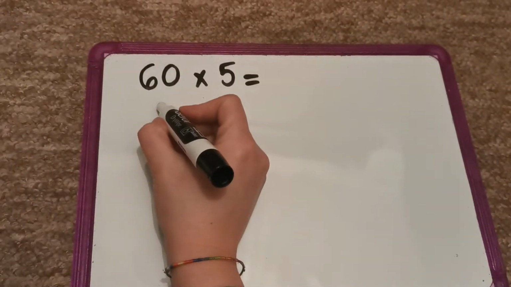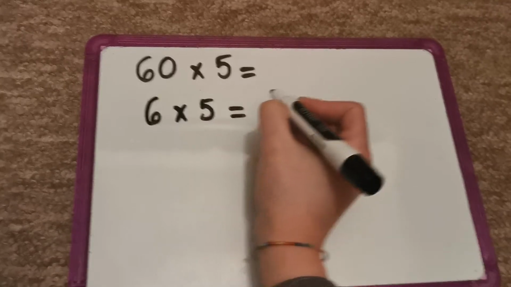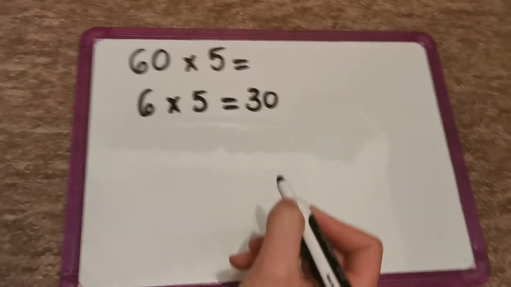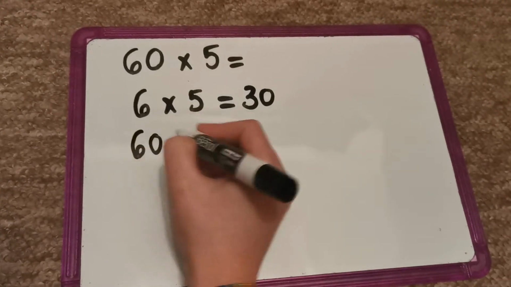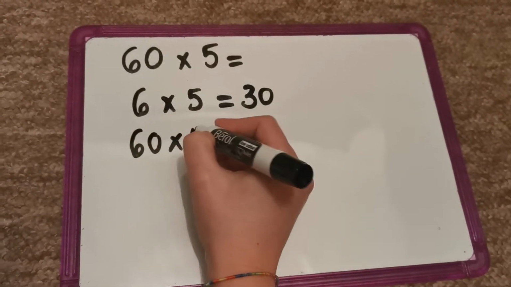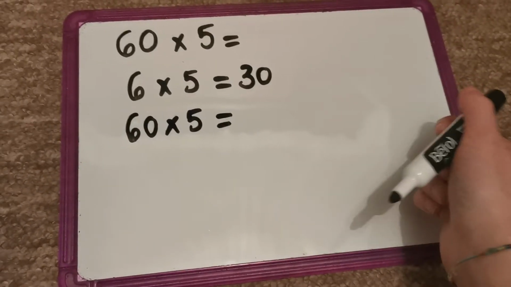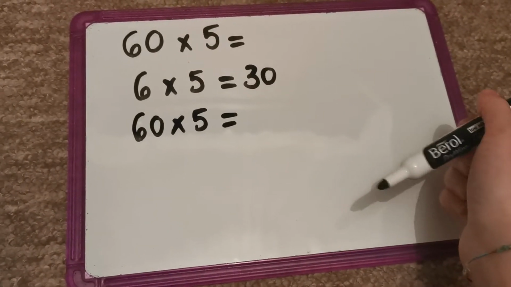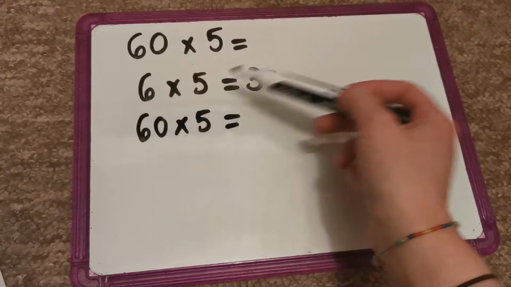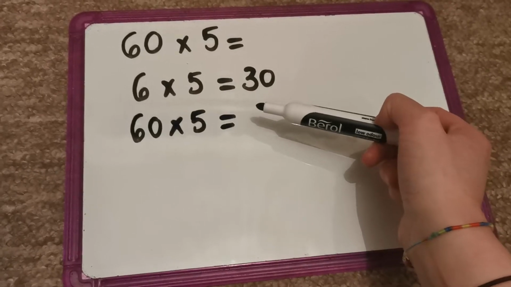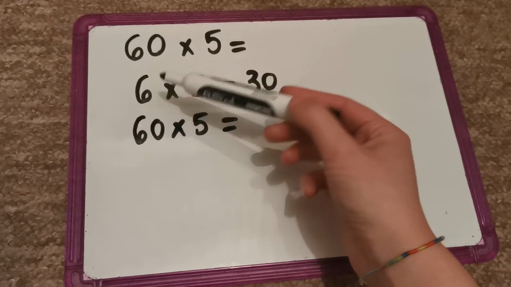So if I know that 6 multiplied by 5 is 30, then I know that 60 multiplied by 5 is going to be 10 times bigger, because I need to make the product of 6 and 5 10 times greater, because 60 is 10 times greater than 6.